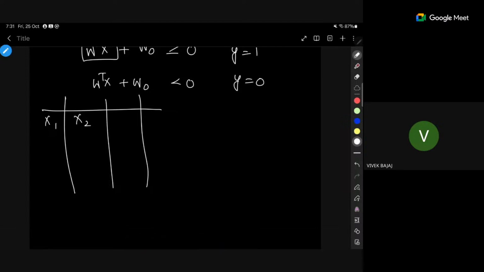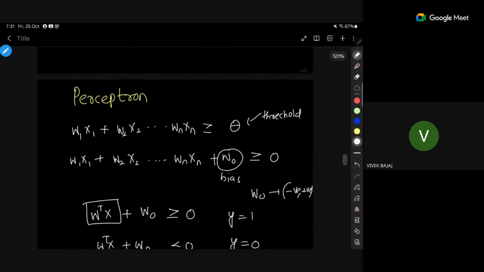Perceptron can take any real values. Inputs can be real values. What about outputs? Output will be Boolean only, so either 0 or 1.